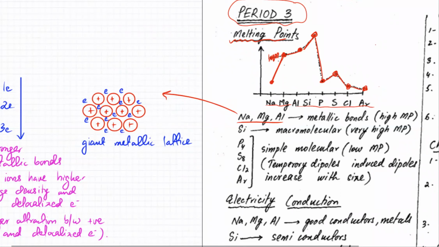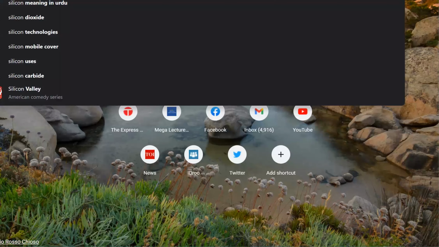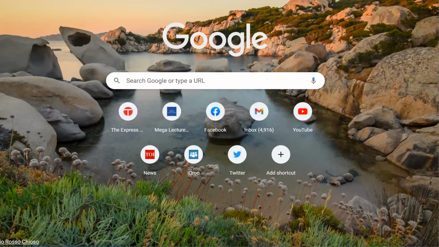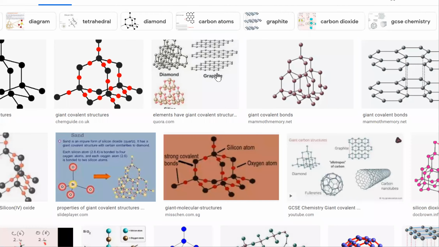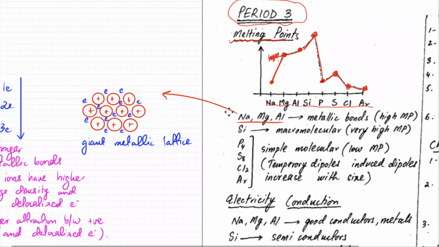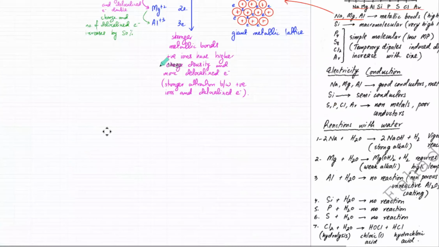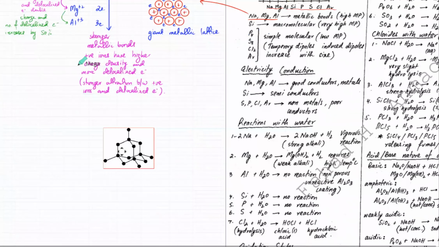This is what silicon looks like. It's a giant covalent structure. So we can just Google it and paste the structure. This is what silicon has, kind of the same structure as diamond.